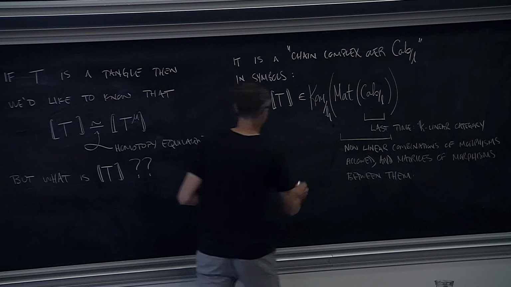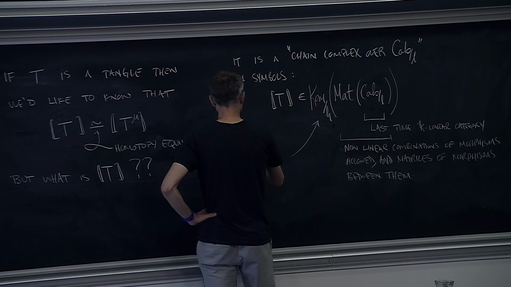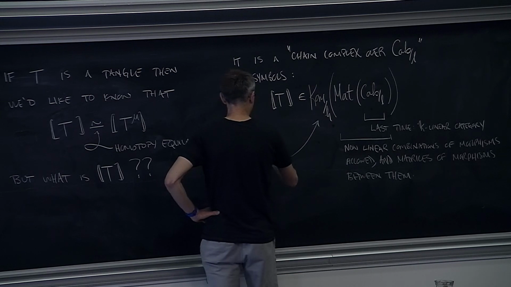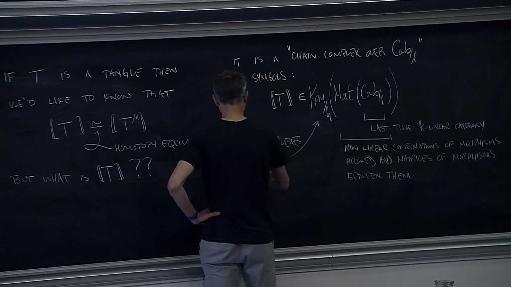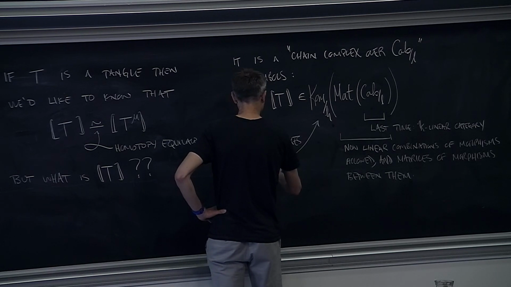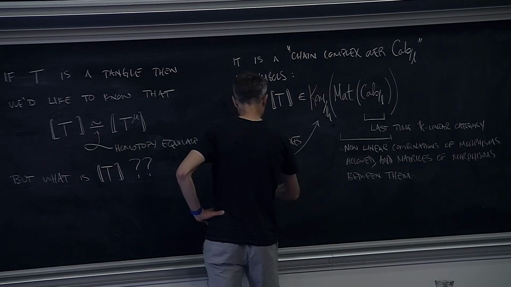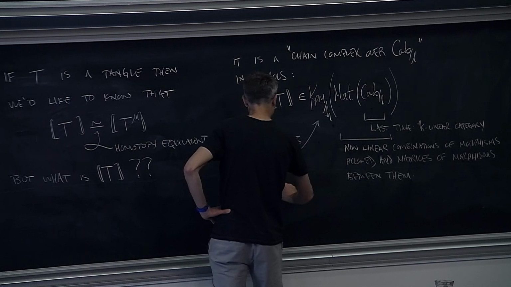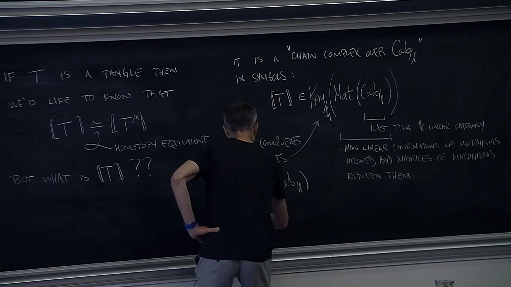And here I'm taking chain complexes of objects in this new category, the matrix closure of Cob mod L, up to homotopy.